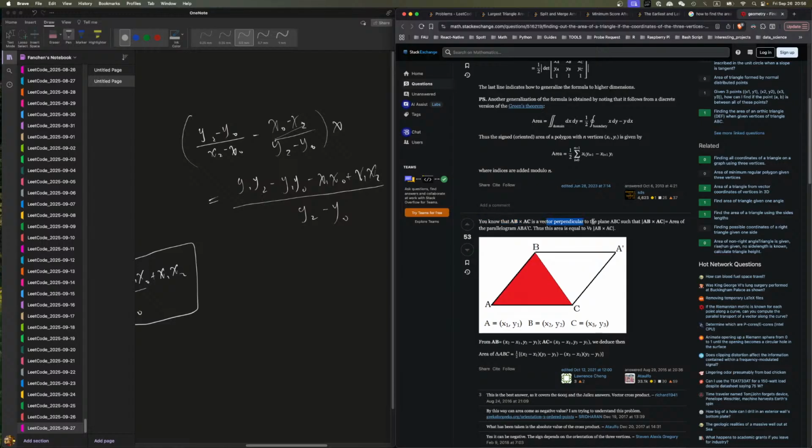I don't know the part where this is the area of this. So we deduce the area is this times this minus this times this. Ah, some shenanigans going on here.